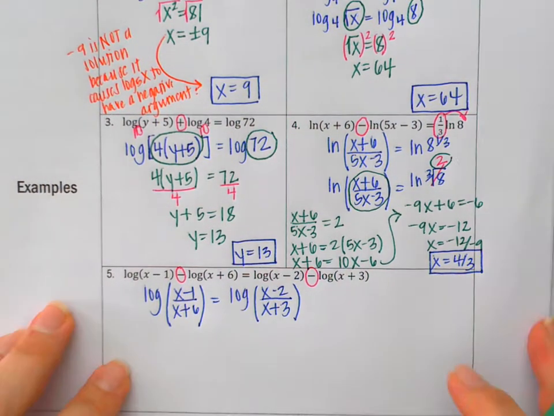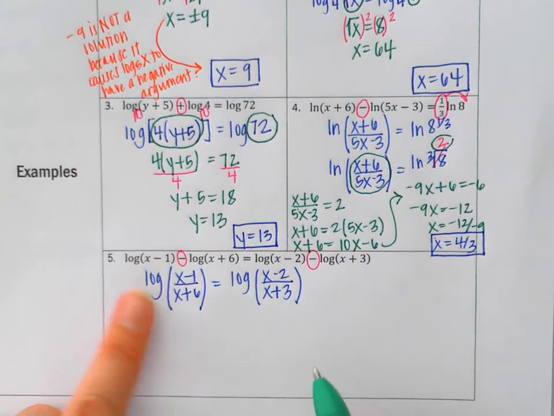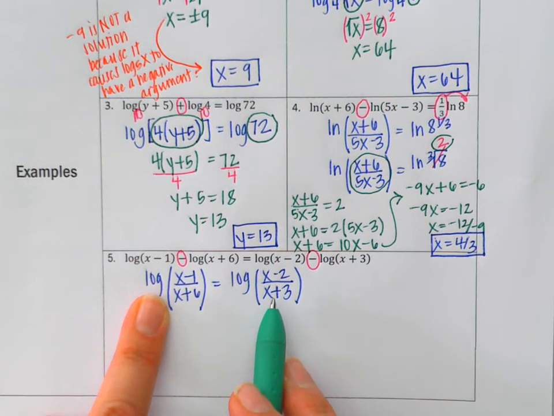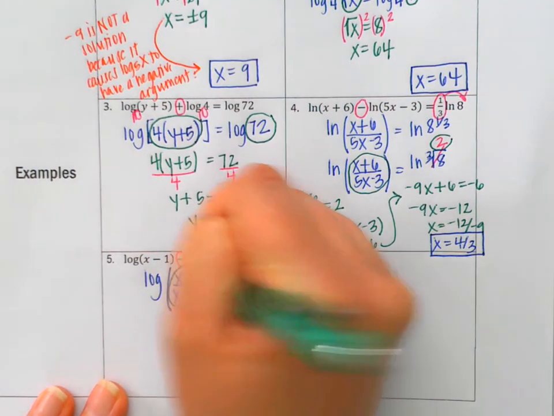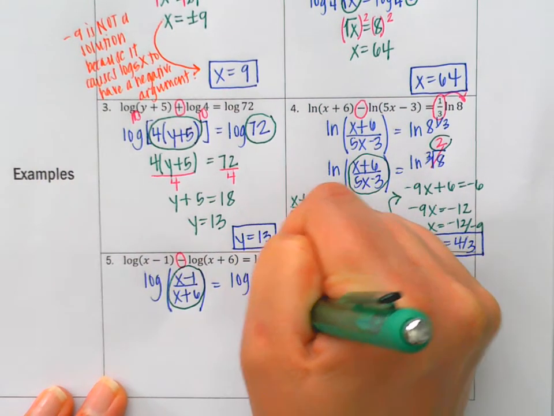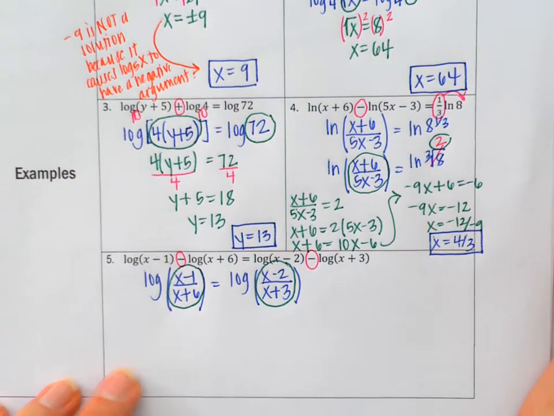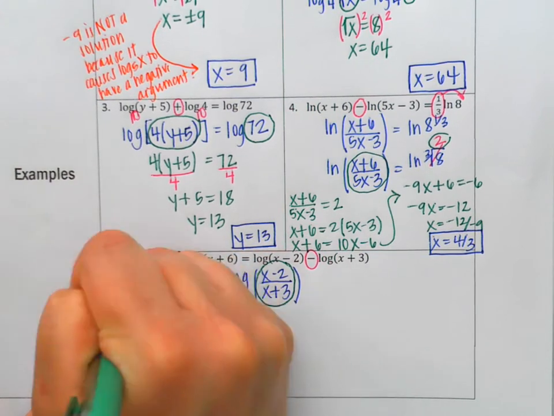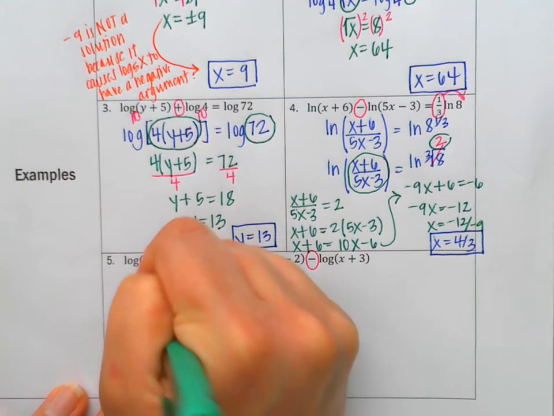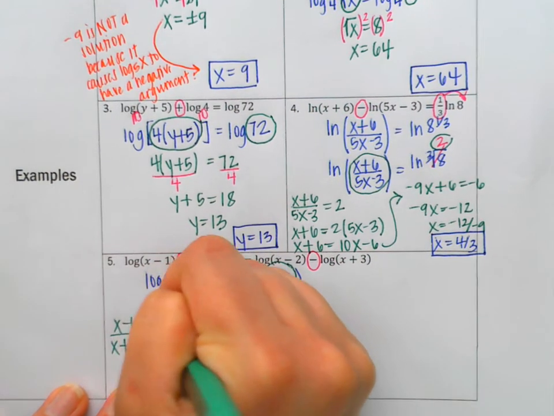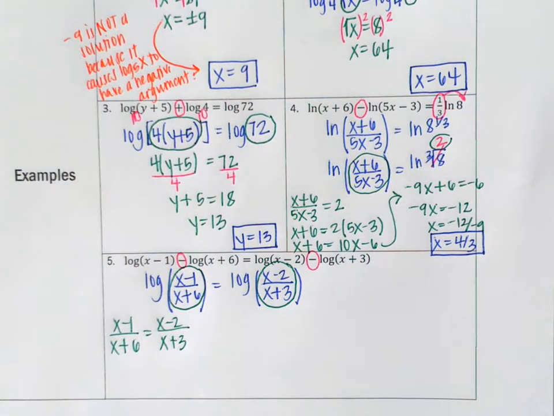And now we have one log on left side and one log on right side, so we can now just set our arguments equal to each other. x minus 1 over x plus 6 is going to be equal to x minus 2 over x plus 3. And so now we solve for x, and we think, okay, what would we do to help us to solve for x?